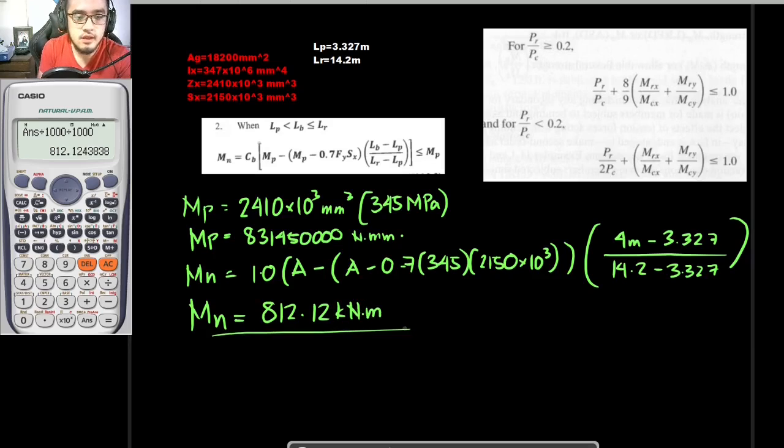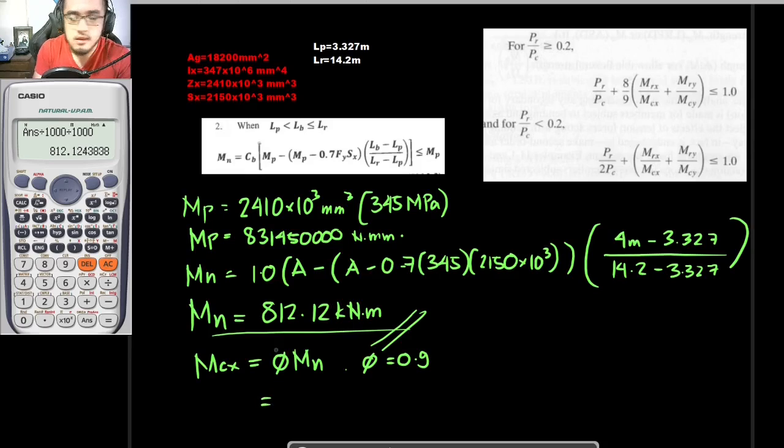Okay, as for the others. Okay, so ayan, diretso na tayo sa Mn. And since you already have the value of our Mn, ano ba yung gagawin natin? So, for our Mcx, that is to be equal to phi Mn. And phi is equal to 0.9.